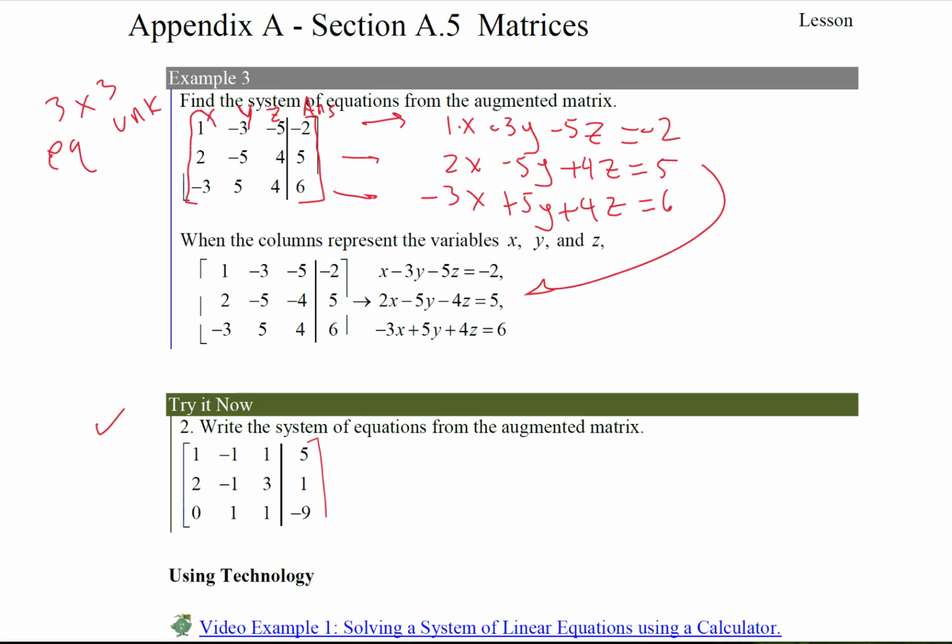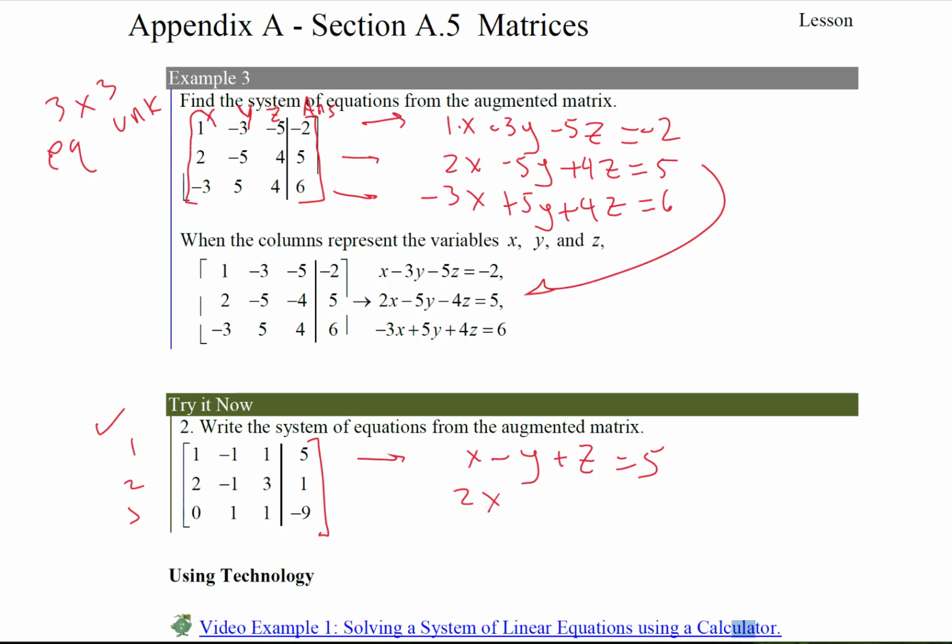Okay, welcome back. If we were to make equations out of this, we would have 1, 2, 3 equations, one for each row. And so we should have 1x. Now, I'm not going to write the multiplier of 1, but -1y, and plus z equals 5.